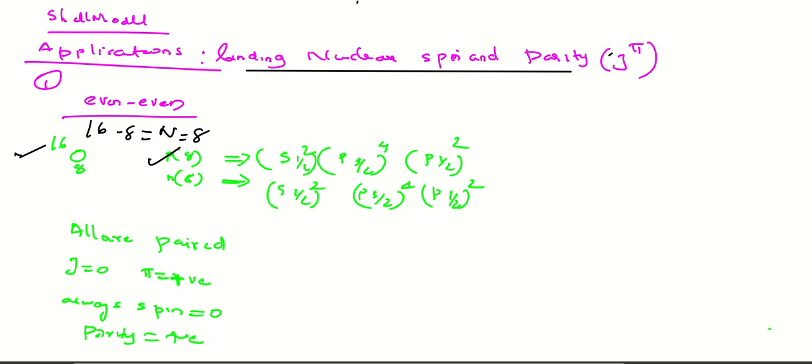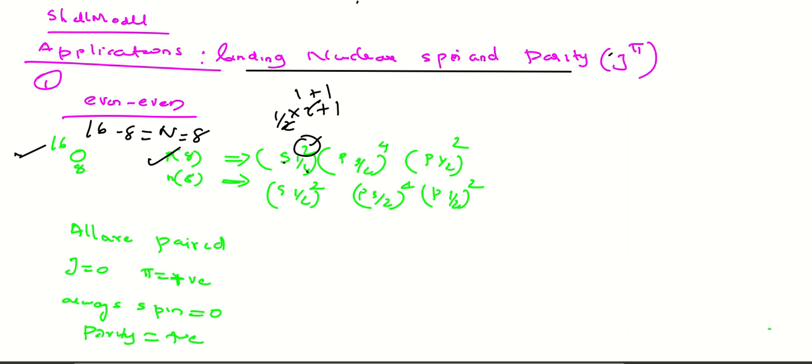So J is equal to half, meaning half into 2 plus 1, that's equal to 1 plus 1, 2. So the S1/2 shell consists of 2 nucleons.